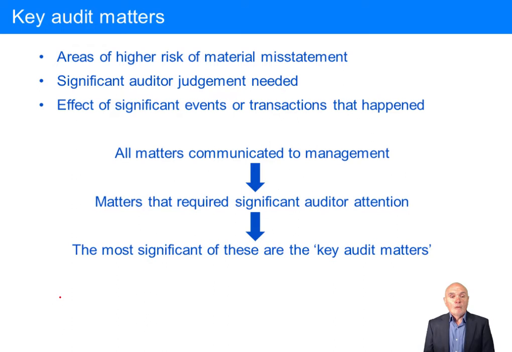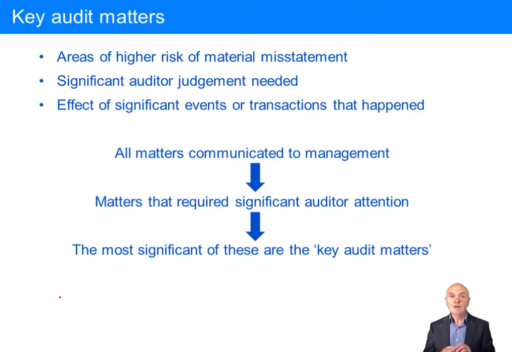At the end of the audit, loads and loads of things are communicated to management. Problems, little errors, difficulty in finding information, and so on. From that, some of those are relatively trivial, but you pick out the matters that require significant auditor attention.